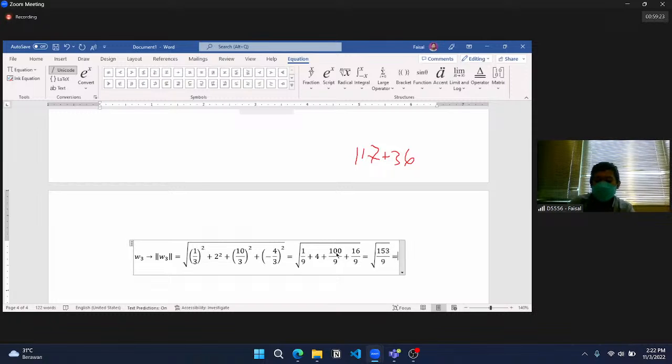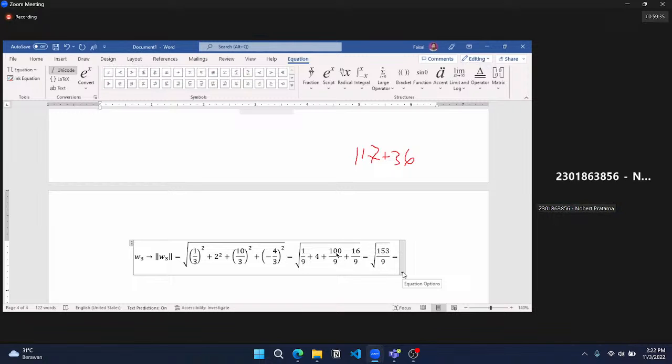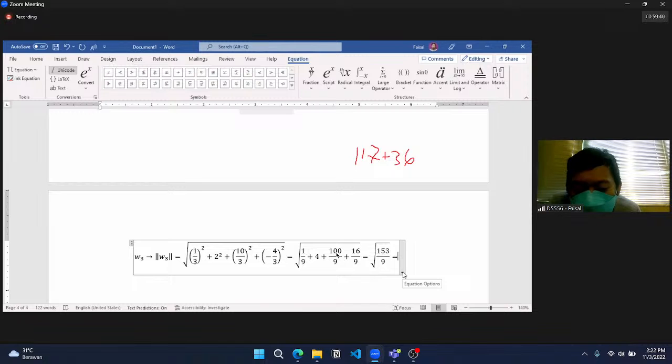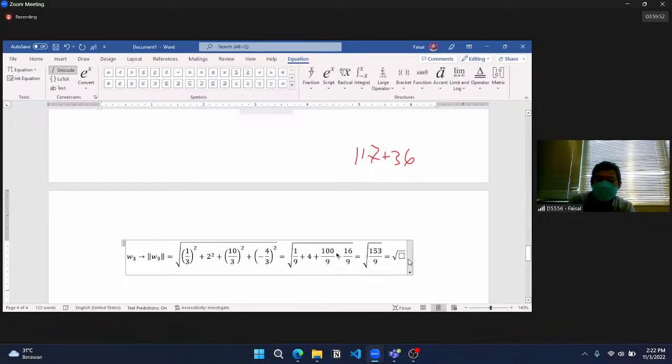We can divide by 9. 153 is 9 kali berapa? 17, Pak. 17. Bro? 17. Oh, 17. Oh, okay. 17. So, square root of 7.